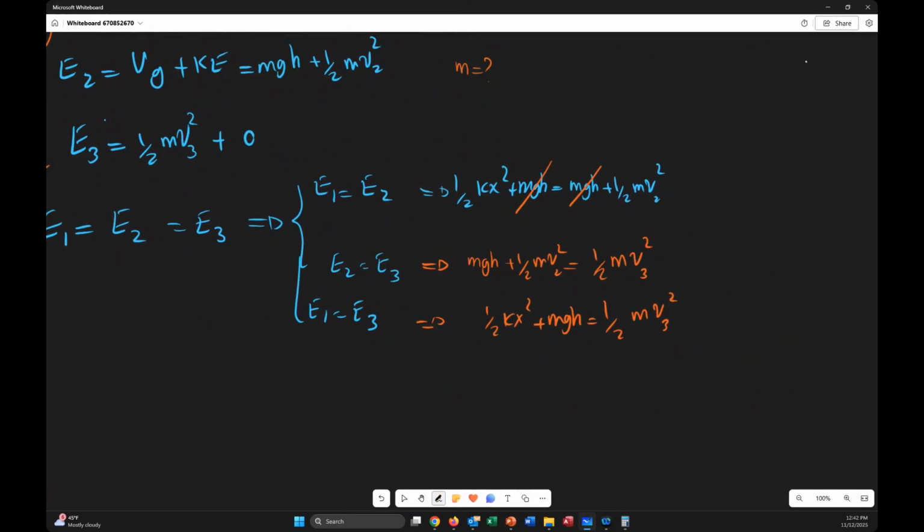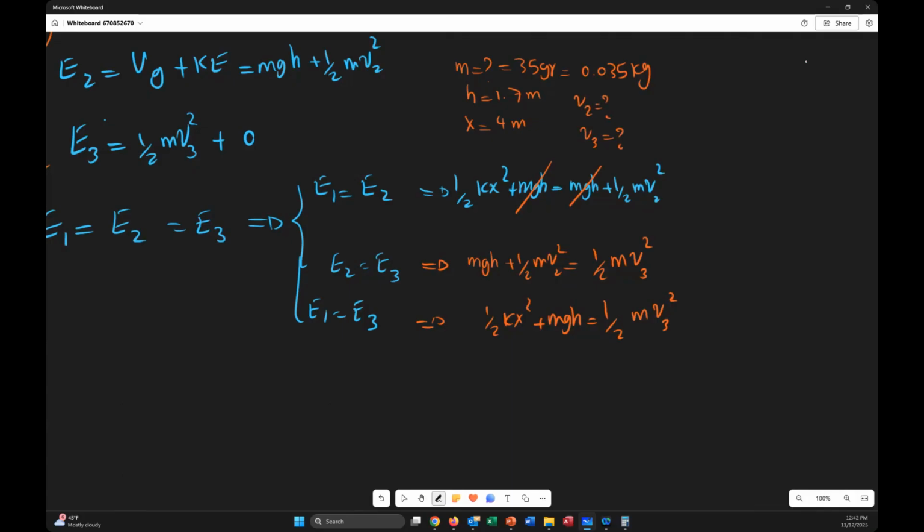What is the mass? 35 gram, which is 0.035 kilogram. We have height, 1.7 meter. We have range, 4 meter. Do we have V2? No. Do we have V3? No.